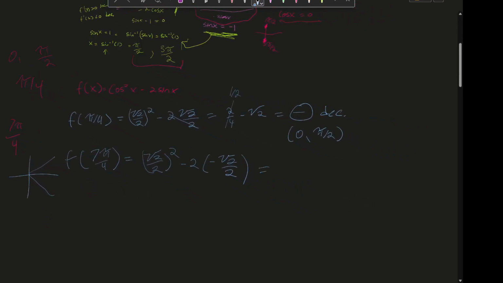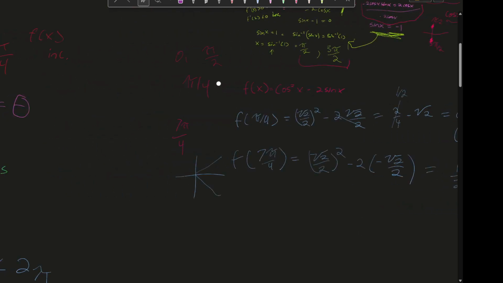It's in the fourth quadrant. So that gives you 1/2 again, plus root 2. So that's positive, and then you'll be increasing.